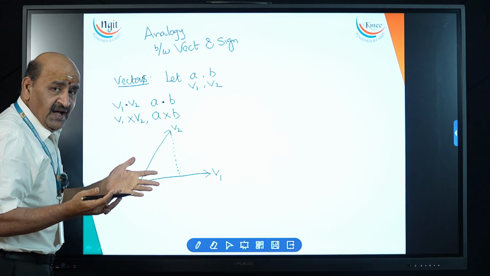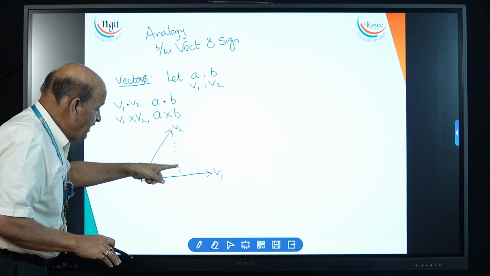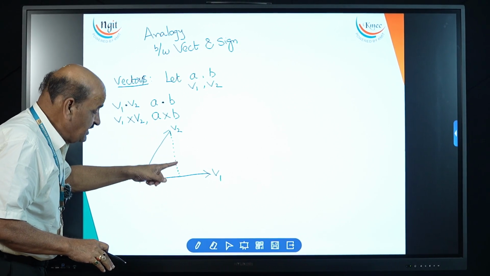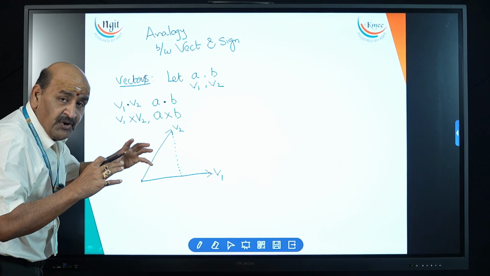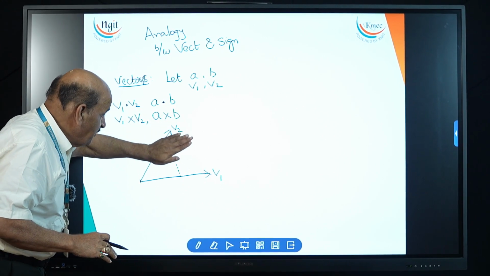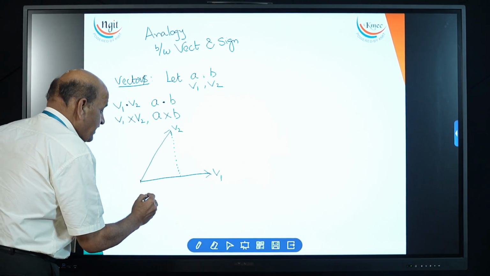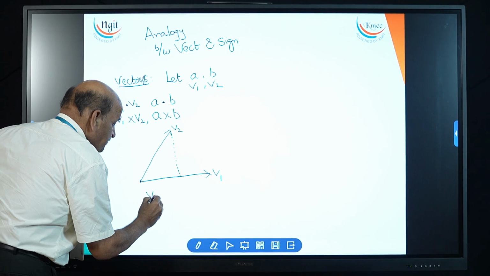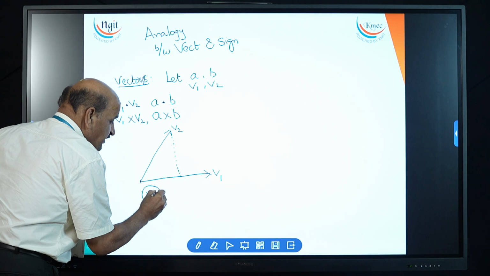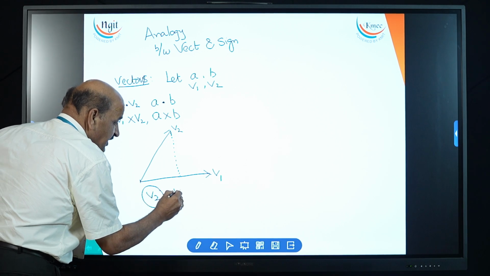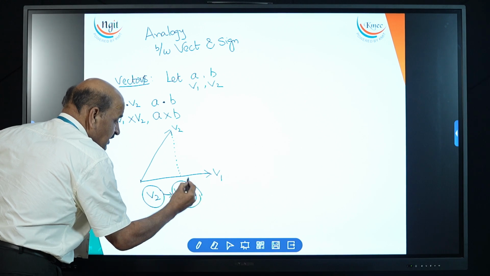V2 doesn't have its own representation because its projection is on V1 only. Therefore, the component value of this vector will be in terms of V1 only. For example, look at this case. V2 will be in terms of V1 only.